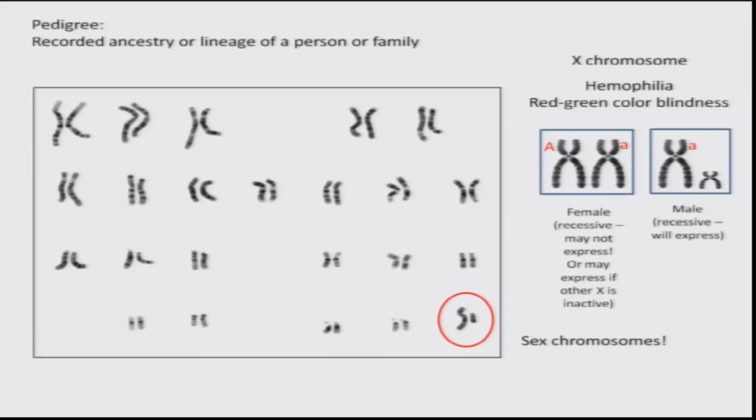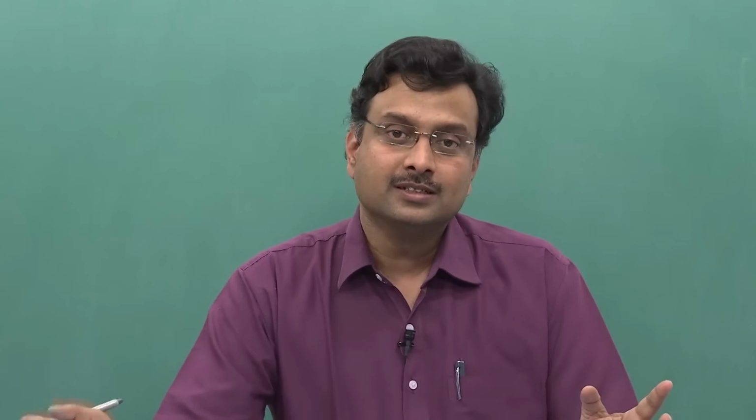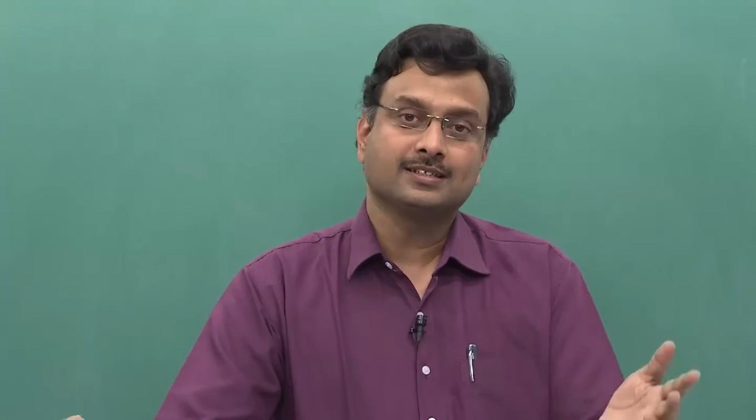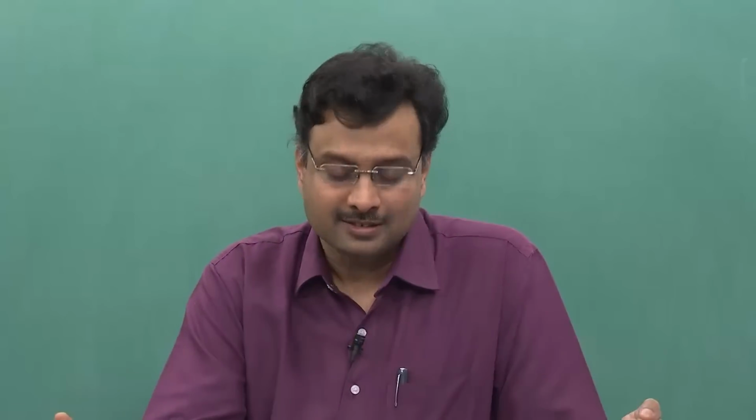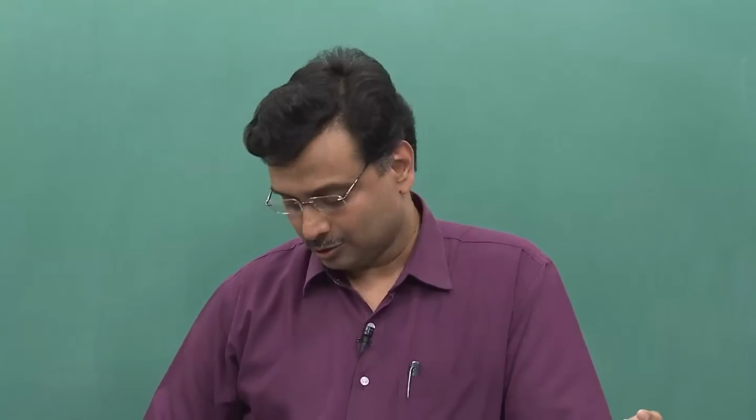So, in certain cells X chromosome 2 gets inactive, in certain cells X chromosome 1 gets inactive. It may be a chance that in the majority of cells X chromosome 2, which carries the wild type allele, is inactive. As a result, you express the mutant allele and you may end up having the phenotype even though you are heterozygous and even though the phenotype is recessive. So, this could happen. That is the complication that comes along with the X chromosome.